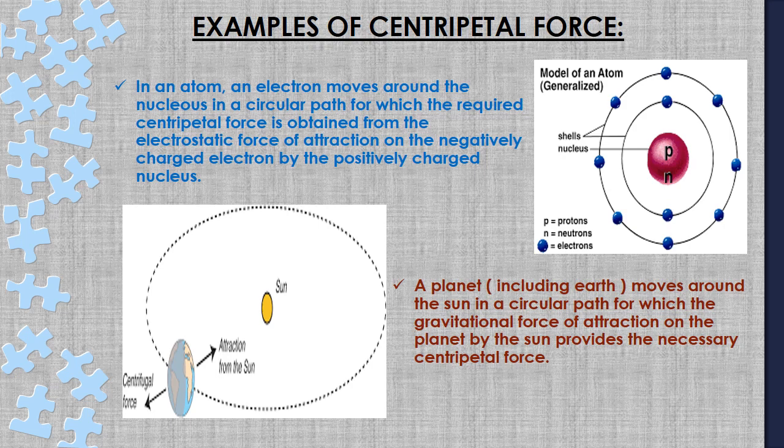So if we take the example of Earth, then Earth is attracted towards the center of the Sun due to gravitational force of attraction, and this gravitational force provides the required centripetal force, due to which the Earth keeps on revolving around the Sun.